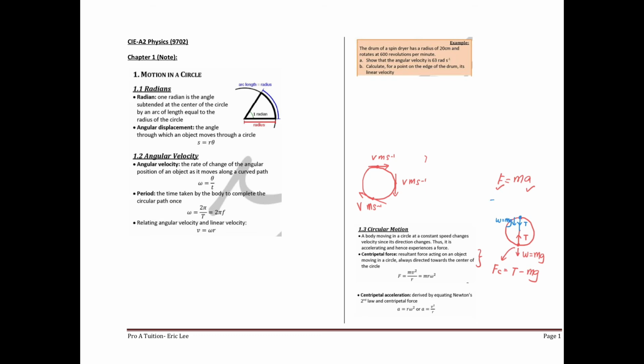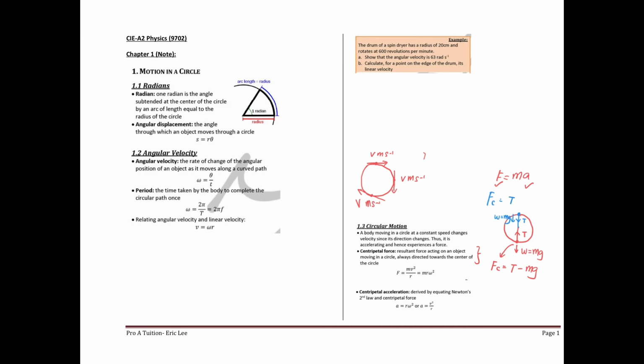So because of that, the centripetal force must be the resultant force that acts towards the center of the circle, and we assume the downward is positive in this case. So there are two forces that act downward, which is tension and the weight mg. So hence from here you can see that centripetal force, which is the resultant force, is equal to tension plus mg.